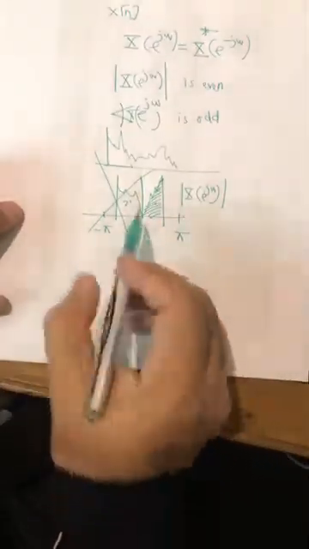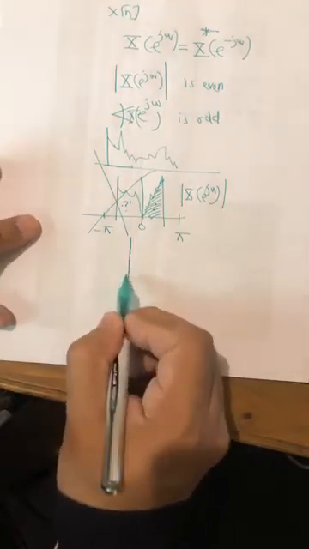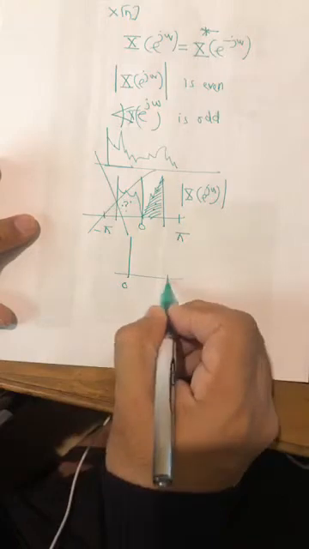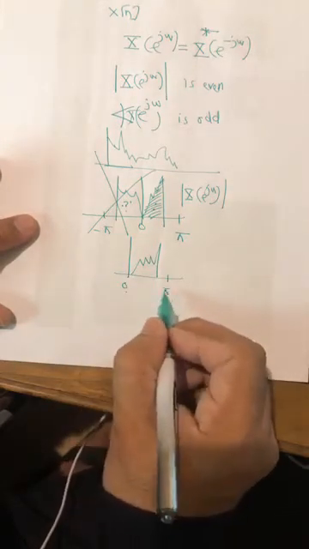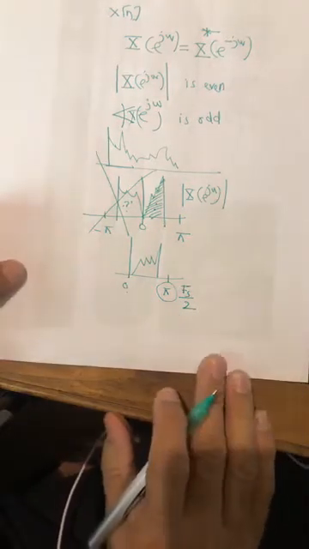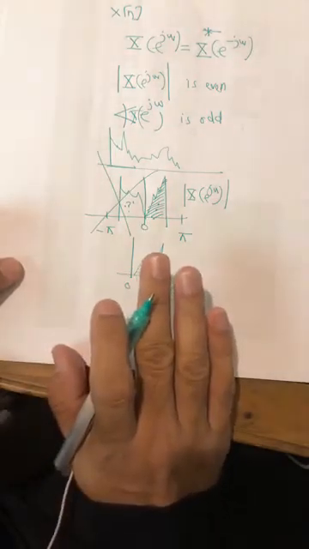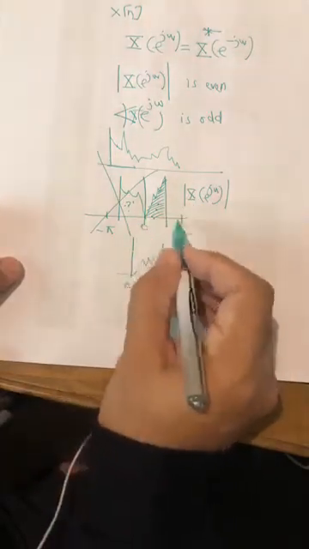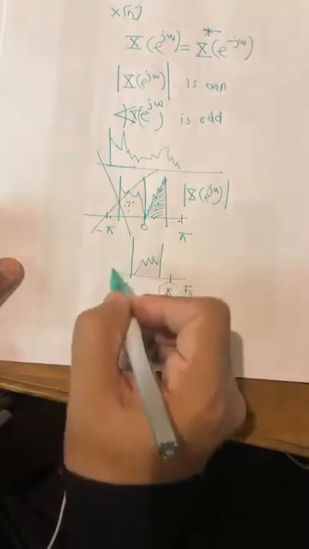And because this is going to be the same as this, for real signals I should only plot the magnitude of the Fourier transform from 0 to pi. And remember, I told you earlier that pi is half of the sampling frequency. So this is an important property, that we should only calculate half of the Fourier transform as the magnitude is even symmetric and the phase is odd symmetric.